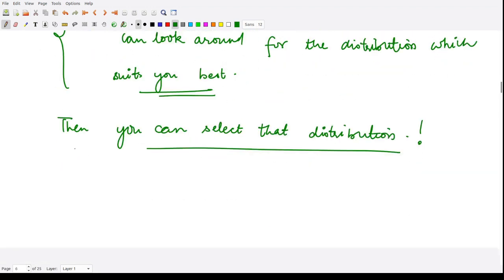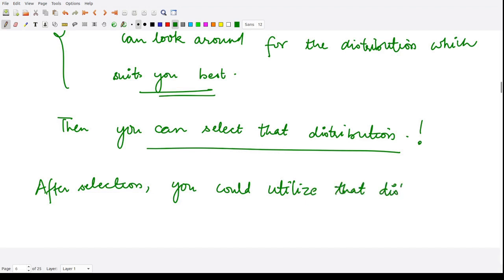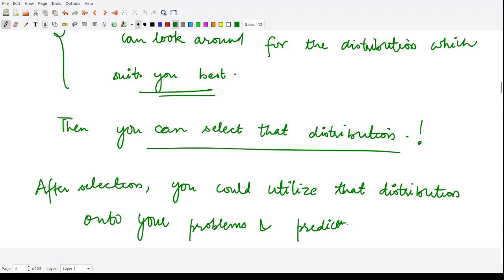After selection, you could utilize that distribution on your problem and predict what you wanted to. So that is the funda here.